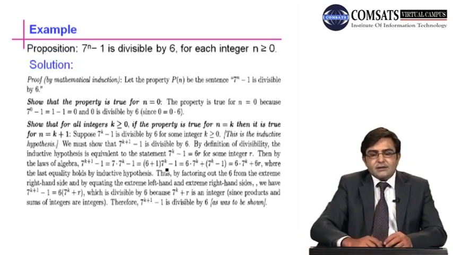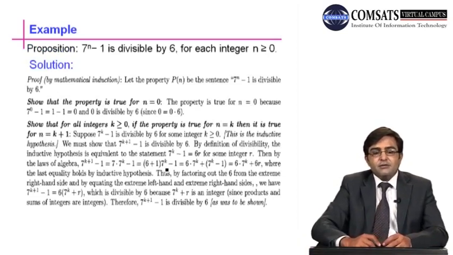The next is another example of the divisibility property, which is basically that 7 power n minus 1 is divisible by 6 for each integer n greater than or equal to 0. This we have to prove. We shall follow the same procedure as we do in the principle of mathematical induction.